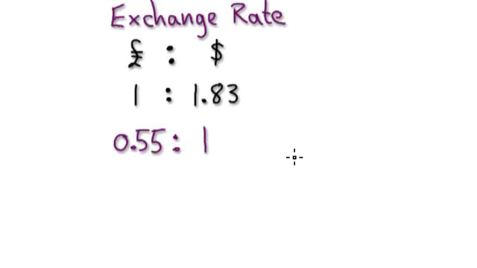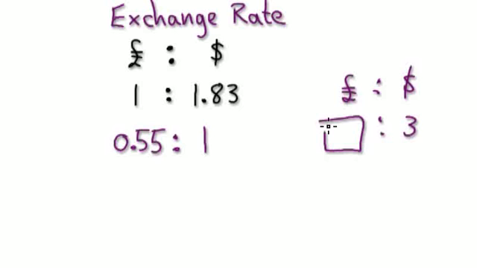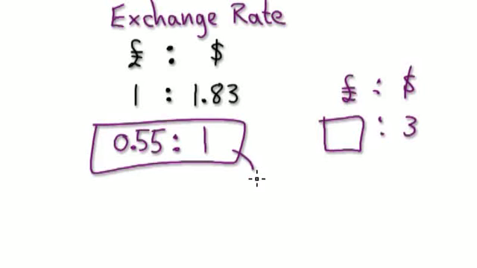Okay, now if you want to know how much you can get for $3, suppose you're given $3, how many British pounds will you be able to get for $3? Well, here you've worked out $1. Then if you jump to $2, it's going to be double this.